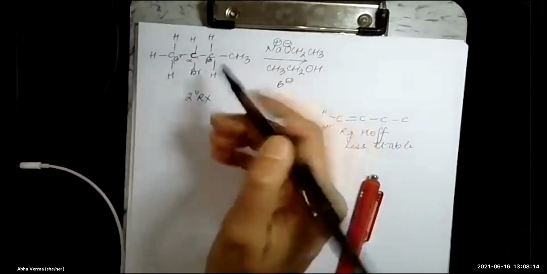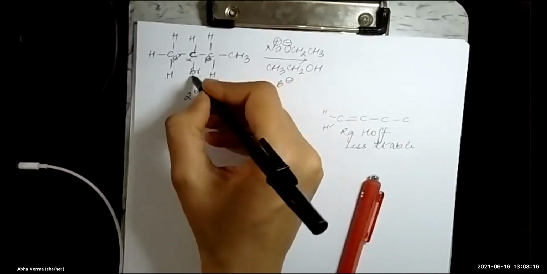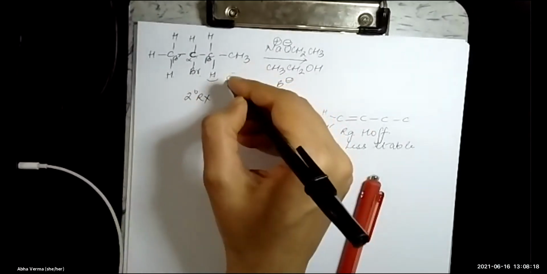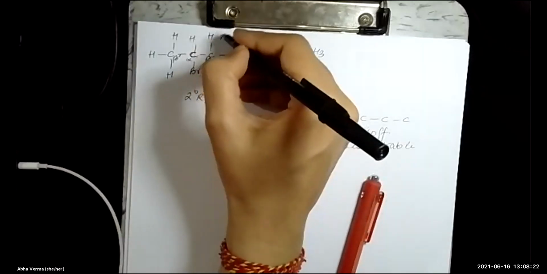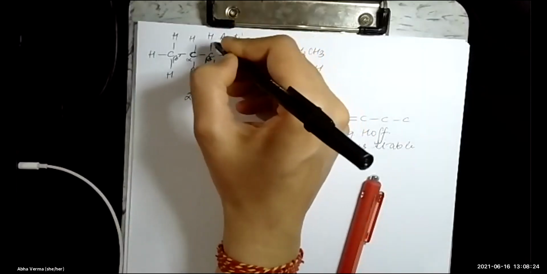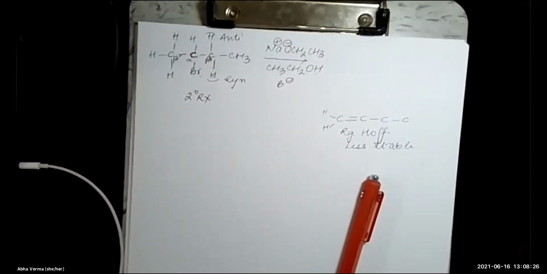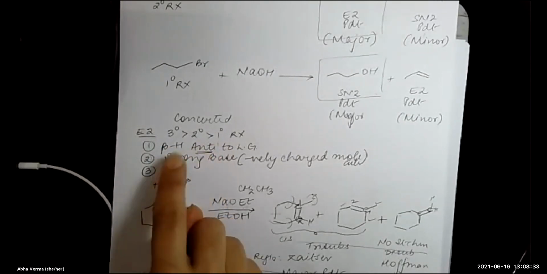Which hydrogen? The hydrogen which is on the same side, syn, or a hydrogen which is on the opposite side, or anti. And so remember, for all your E2 mechanisms, it is the anti-beta hydrogen that will be abstracted out.